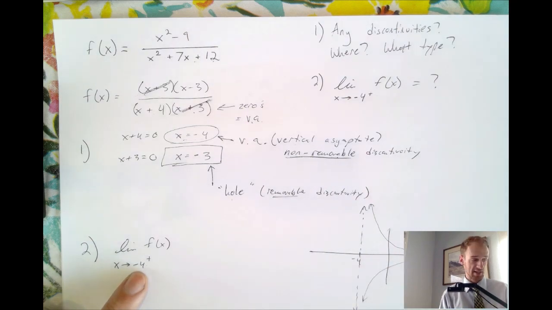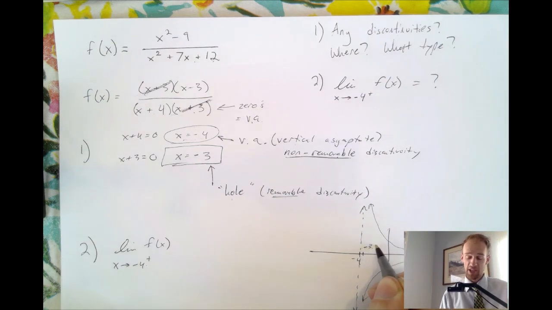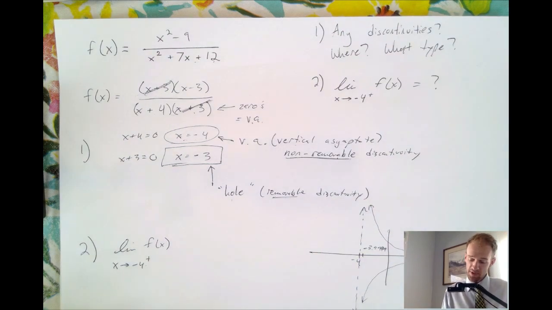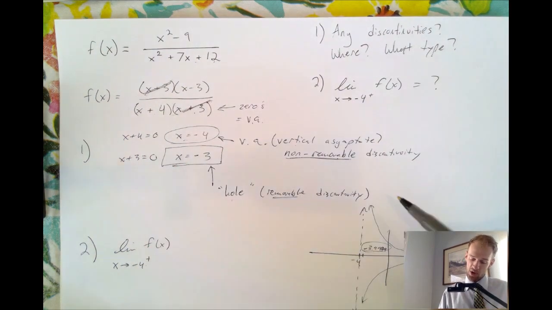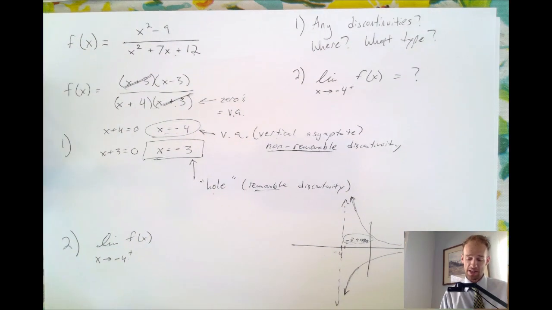Which one is it? I would just take my calculator and substitute a value like -3.99. Okay, how about -3.9999? If I substitute that in for x in my original function, I'll either get a very large number or a very small number, and that will tell me whether my function is approaching positive or negative infinity.